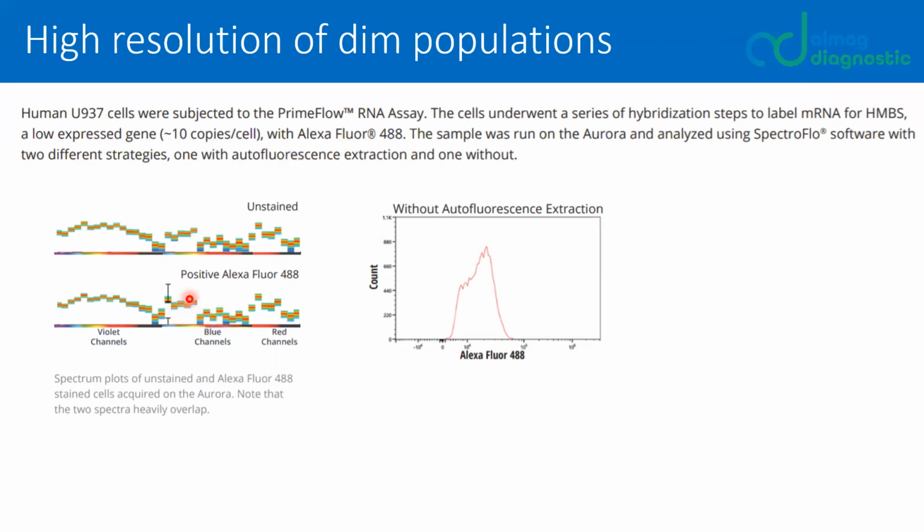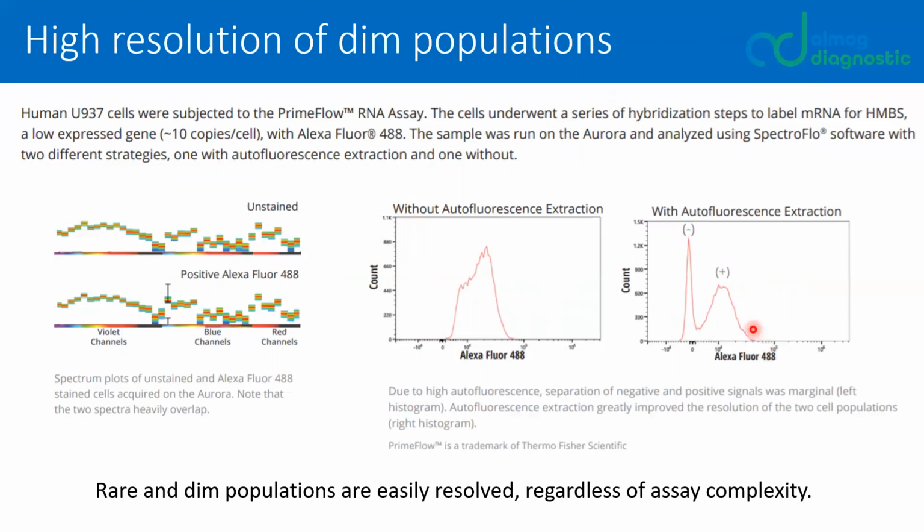When we look at the signature of the unstained cells and the positive Alexa Fluor 488 signal, we can see that they heavily overlap. They are almost identical. On the right, you can see that after autofluorescence extraction, a nice resolution is achieved, and we can gate on the positive signal and distinguish it from the negative one. So this autofluorescence extraction is really a superpower, and it is extremely beneficial when analyzing dim populations, as in this case here.